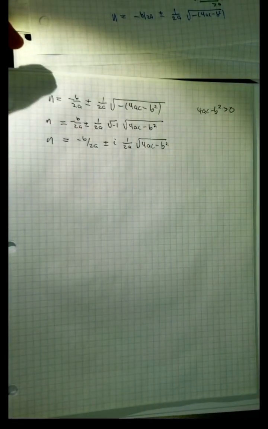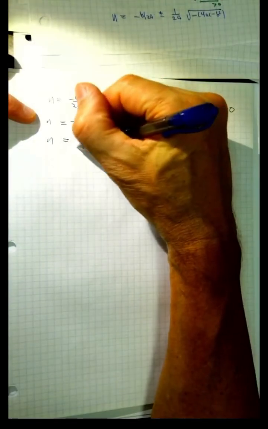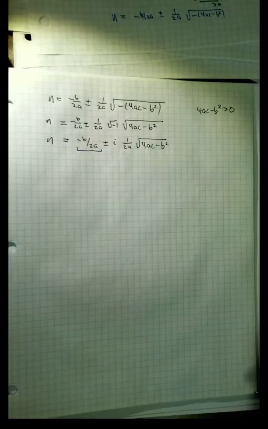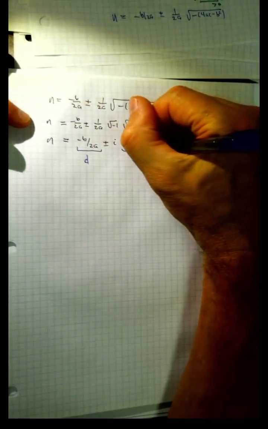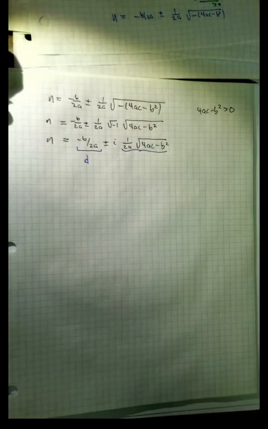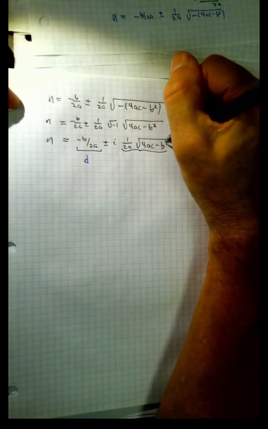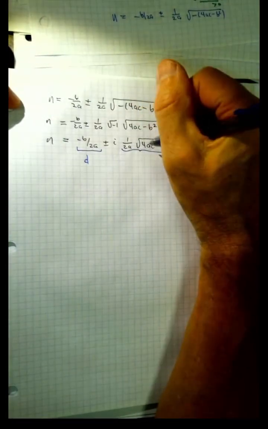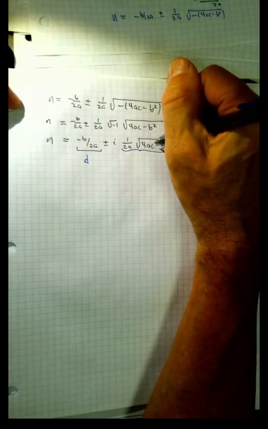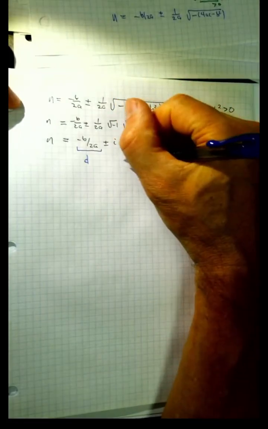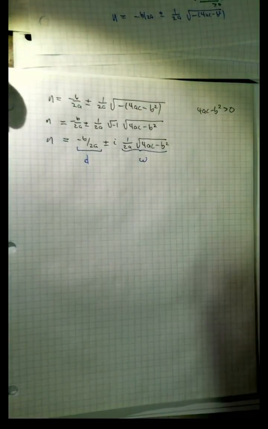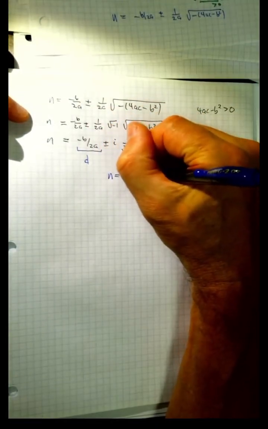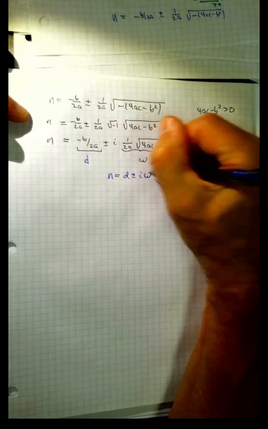And notice this is now expressed in the form of a real number. If we call that d, this is now a real number because the square root of 4ac minus b squared is a real number, because 4ac minus b squared is positive. I can call this omega. So n I can write as d plus or minus i omega.